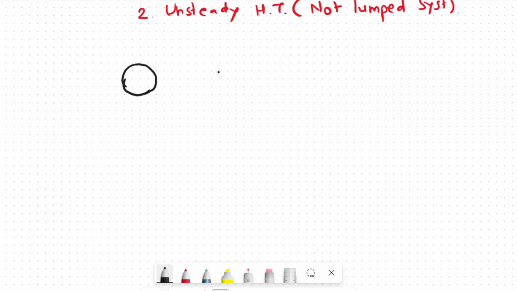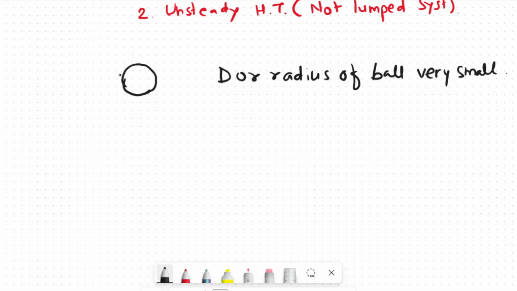Now we are saying that the diameter or the radius of this ball is very small. Now suppose the ball was kept in a furnace at 500 degrees Celsius. After that it was removed.